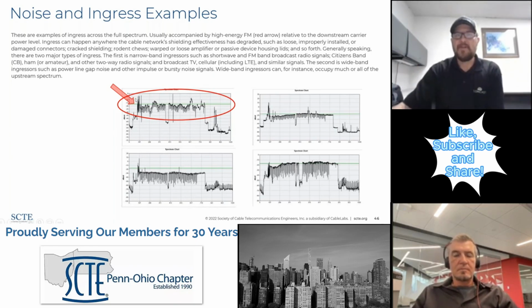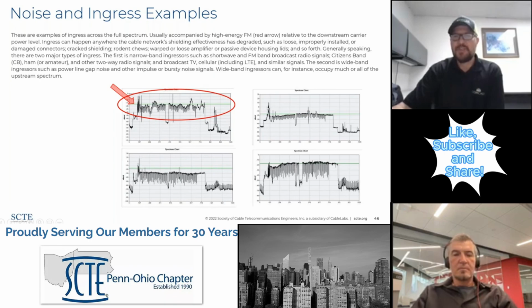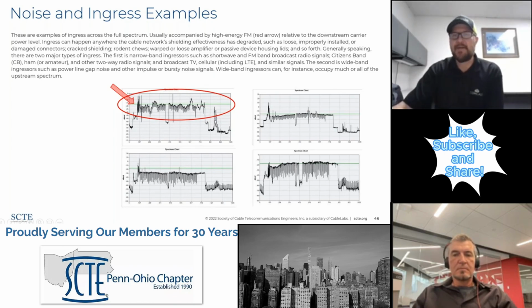Now, there are other over-the-air signals in this as well, but the FM is the most egregious in this particular instance. All of these devices show some incidence of high FM ingress in that 108 megahertz region. Now, you'll also see other signal types, typically around 860 megahertz.